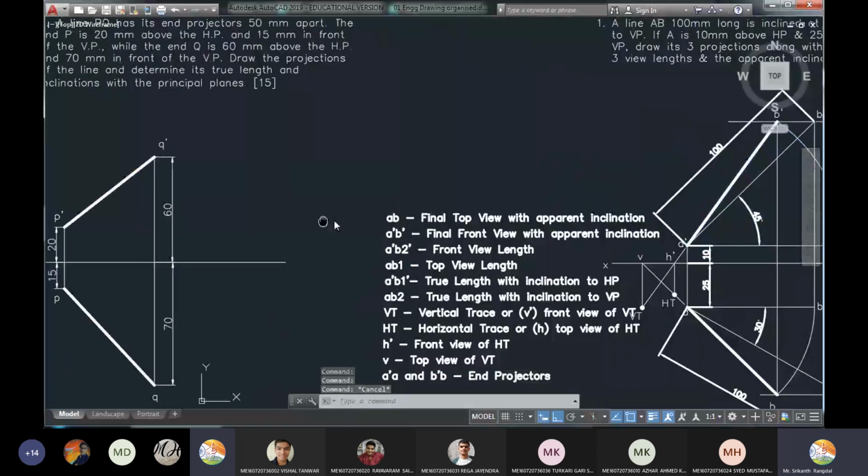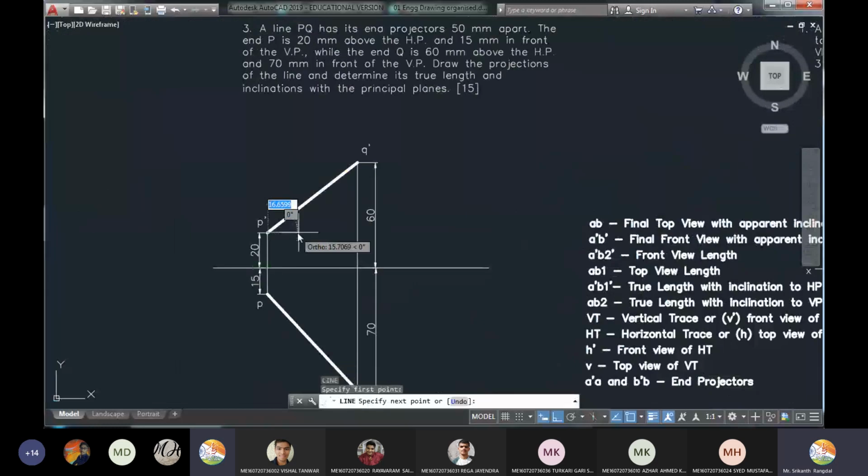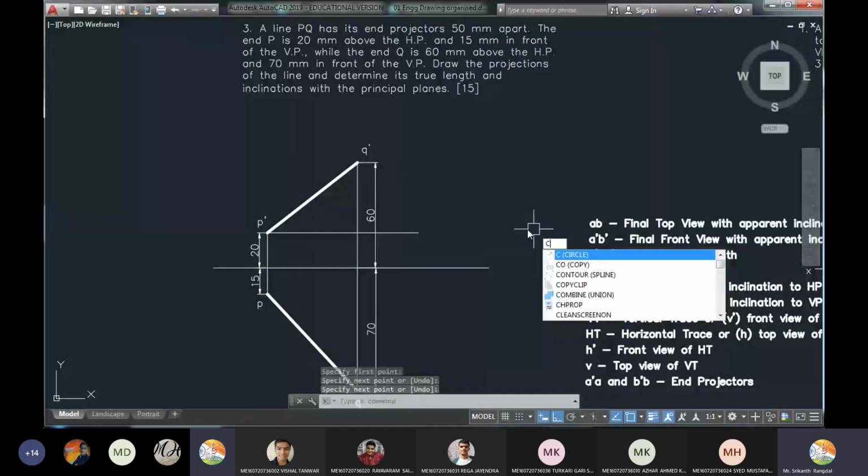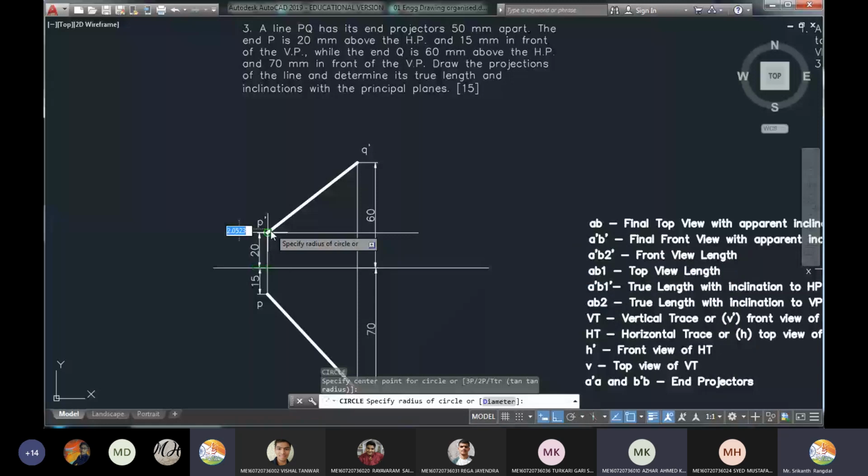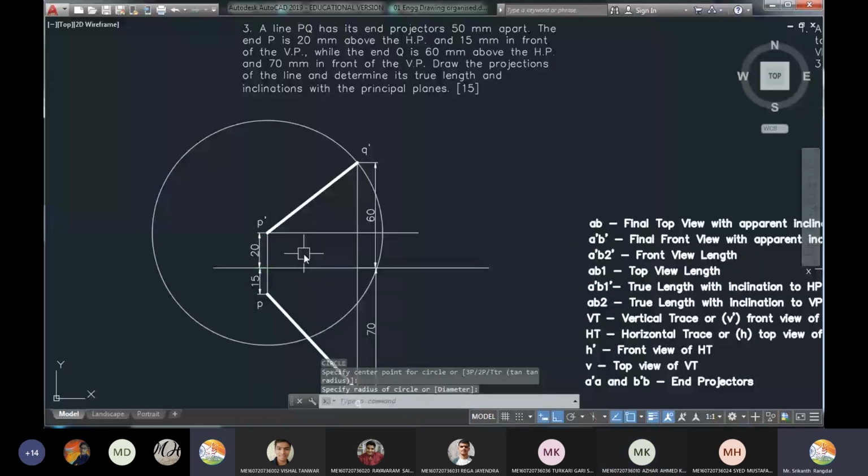So let us go ahead. From this point, I will need a horizontal line. And from this point, I need an arc. So this is the part of the arc which I need. Now I will select these two, TR, enter, and select the part of the arc which I don't need.